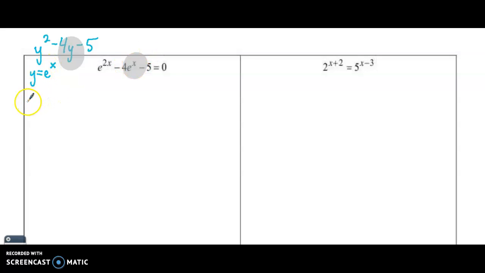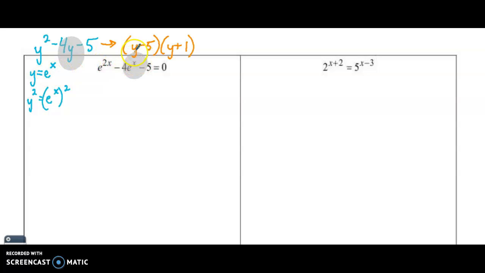So if y is e to the x, then what's y squared equal to? Well, it's equal to e to the x squared. And again, a power to a power, you multiply those exponents. Well, x times 2 is equal to 2x. So this is the same thing. So if I went back to this statement and you said, oh, if I factored that, it would be y minus 5, y plus 1. I would say, good, now factor this.